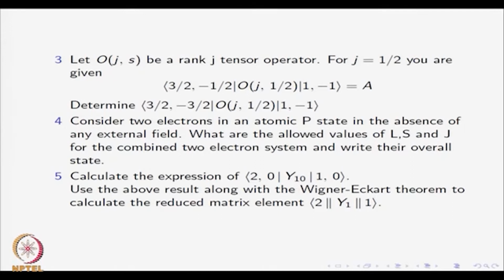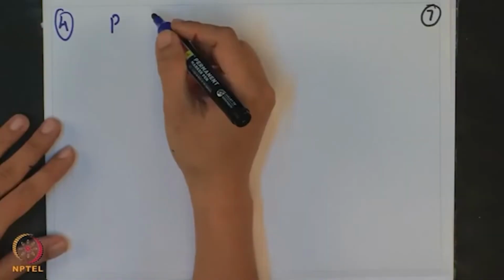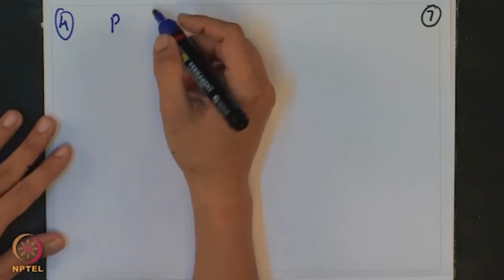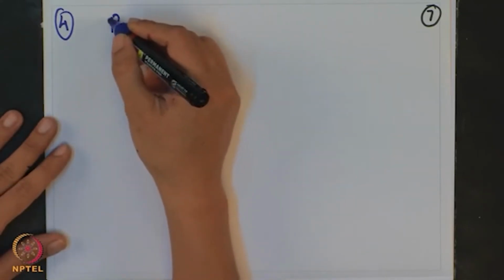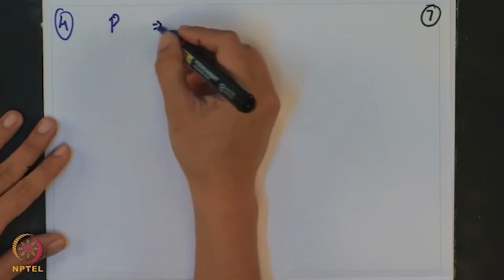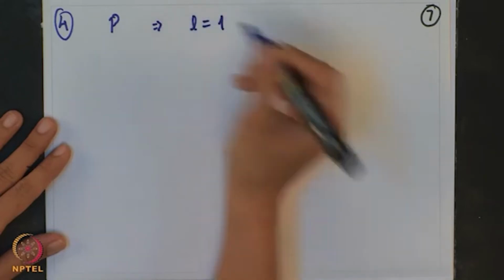In the fourth problem, you have to consider 2 electrons in an atomic p state. So, the first question would be, what is a p wave or p state in the absence of an electric field. A p state would imply that L is equal to 1.